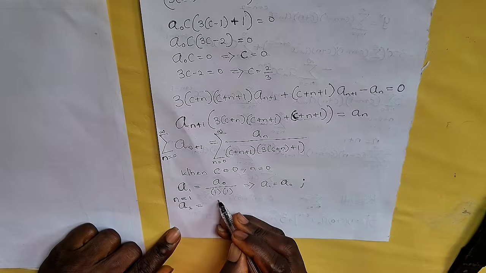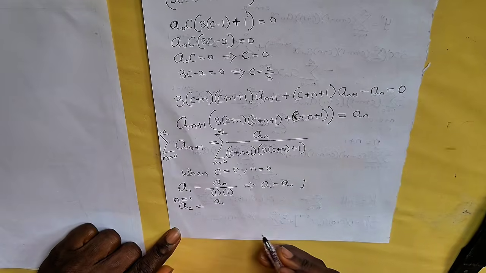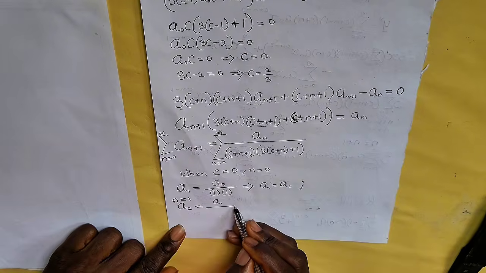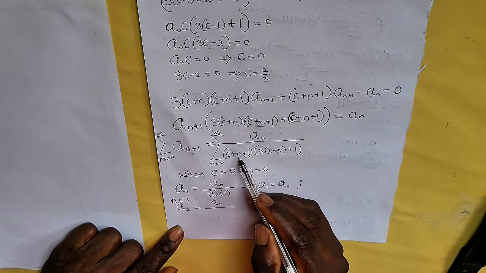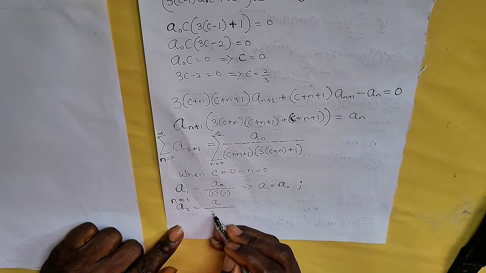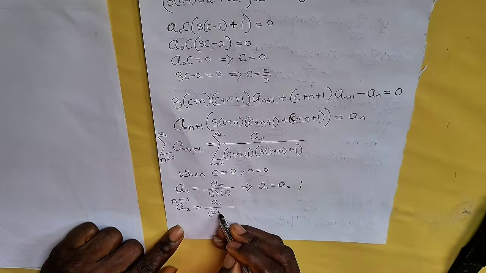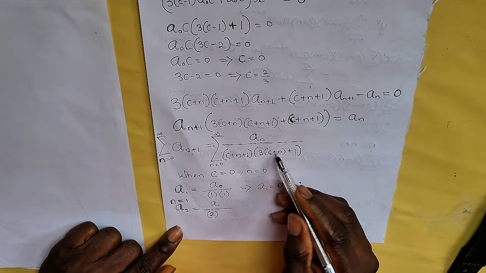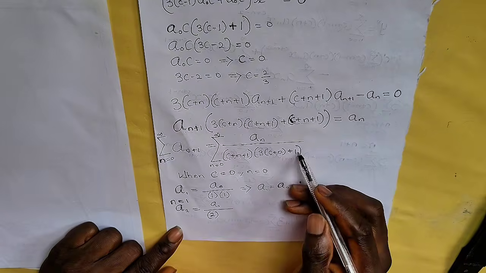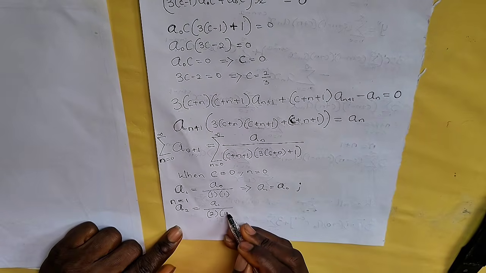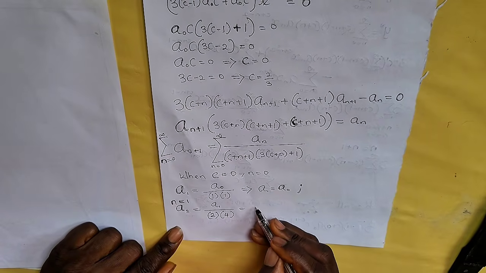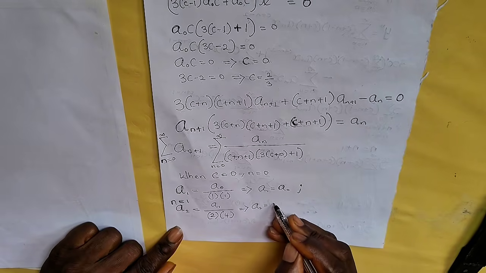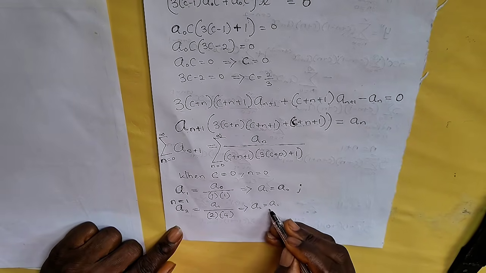So I'm going to have this one as a1, plus an, so a1, divided by, so in this bracket, what will I have? 0 plus 1 plus 1, that's 2. I'm going to have 3 into 0 plus 1. So that's 3 times 1. That's 3 plus 1. That's 4. So I'm going to have that a2 is equal to a1 over 8.